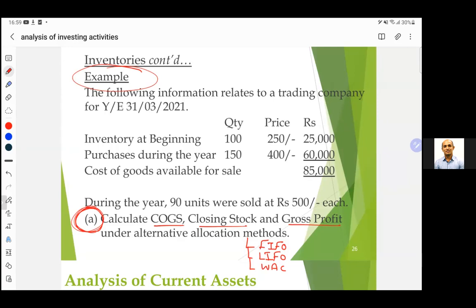Based on that understanding, some financial statement item values have to be adjusted. We'll study that point next time. Next time we are going to complete the analysis of current assets. If we have time, we'll move on to the non-current assets.